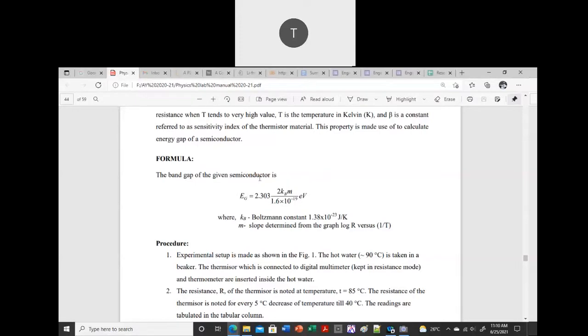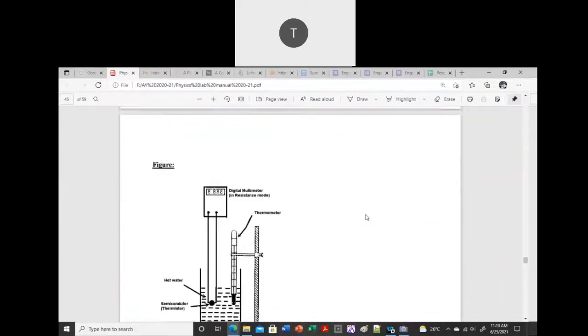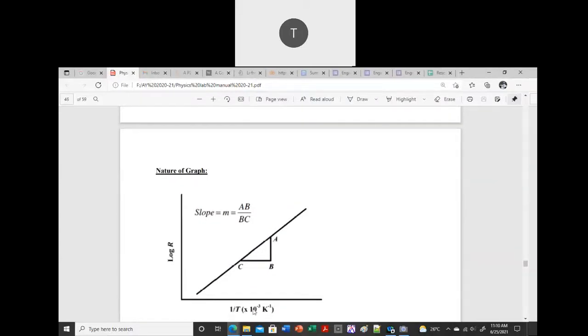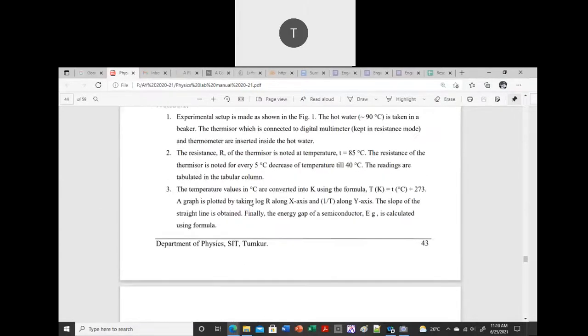Okay, so you can use this formula, and m is the slope that you get from your log R versus 1 by T graph. So 1 by T you plot on the x-axis and log R on the y-axis, and this temperature has to be in Kelvin, not in degree C. You are going to convert your degree C into Kelvin, plot this, and substitute the value here.